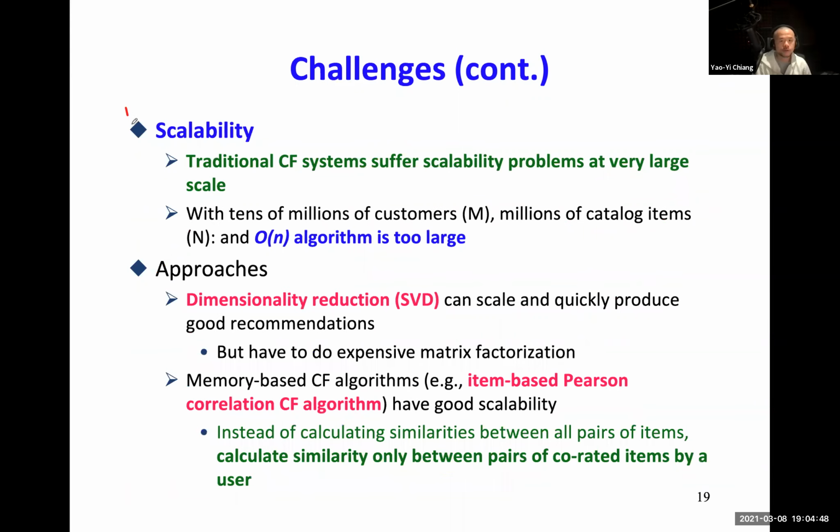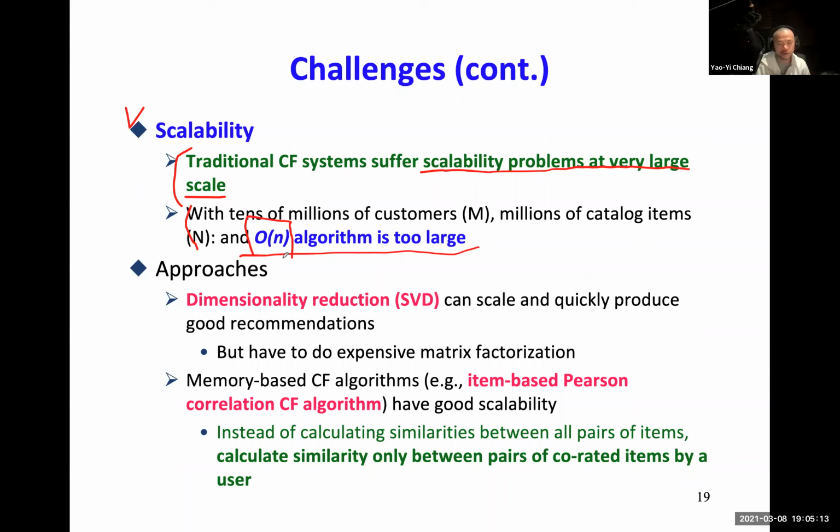Scalability is an issue for CF-based methods as well. Traditional CF systems suffer scalability problems at very large scale, right? When you have a very large number of items or customers. When it's too large, even linear algorithms are still not very good, right?